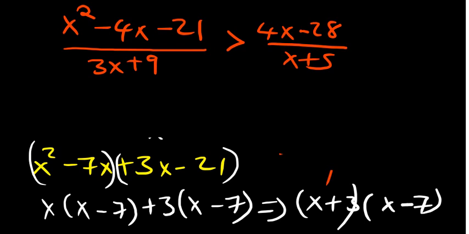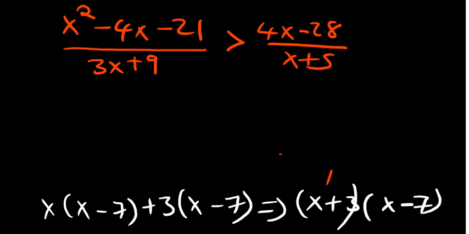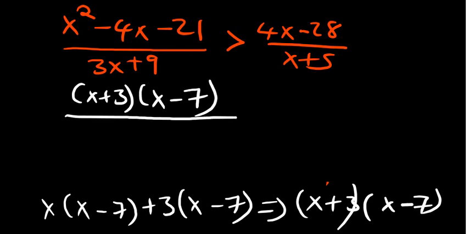Usually they don't give you enough time to begin multiplying, but they expect you to reduce it as quickly as you can. So you have x plus 3, you have x minus 7. Now, can that cancel out with what is on the denominator part? Of course not. Just a minute, sir. Okay, continue. I was going to that part. I think it can cancel out because you factorize the denominator part, which will be 3x plus 9, into 3 times x plus 3.